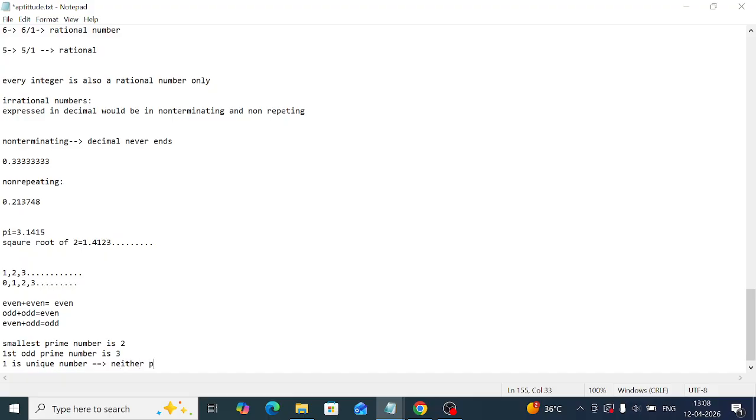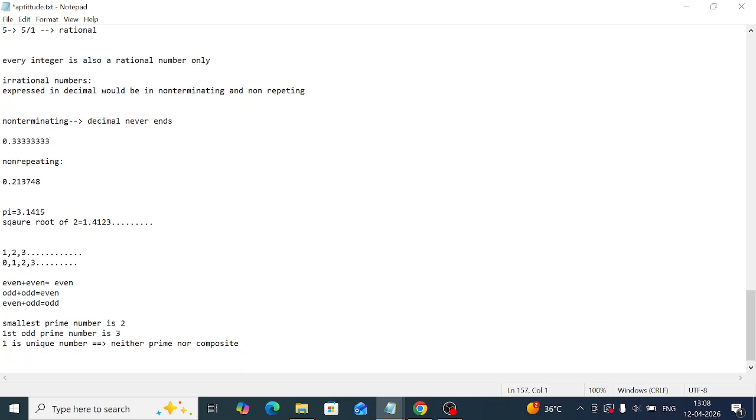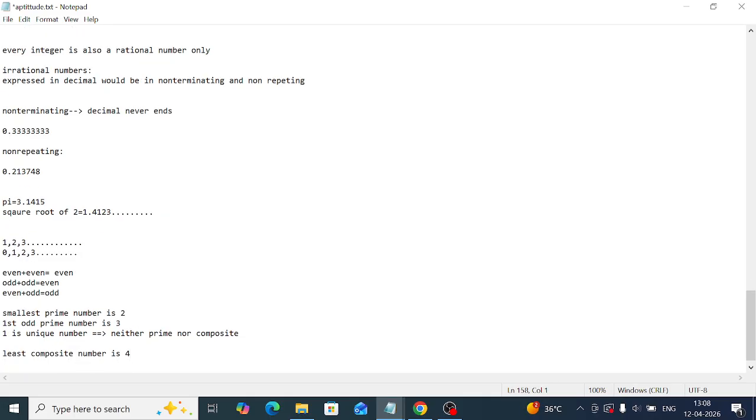Next, the least composite number, one with more than 2 factors, is what? 4 is the least composite number. Least odd composite number, what is it?